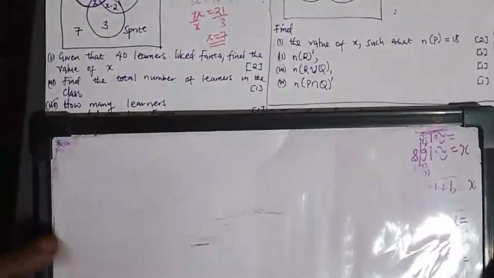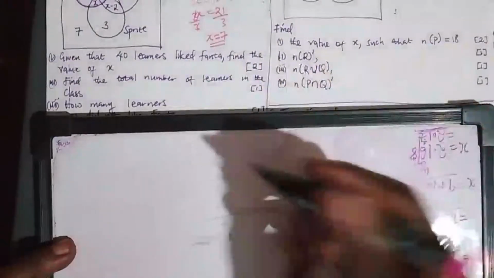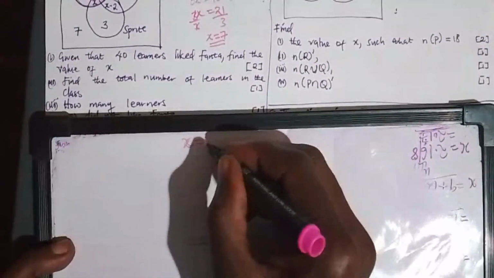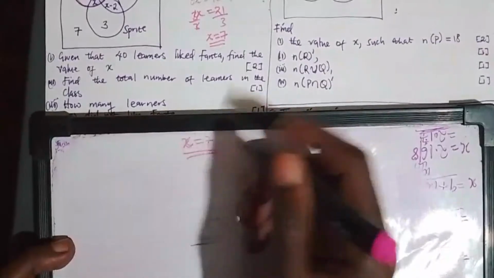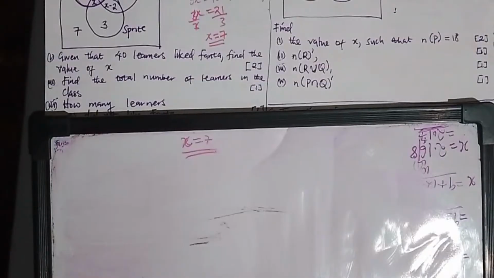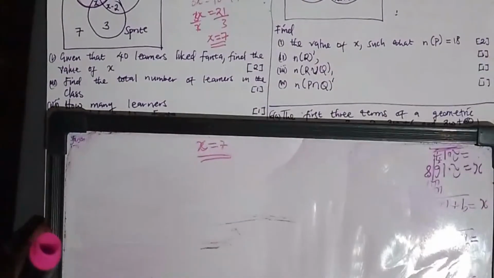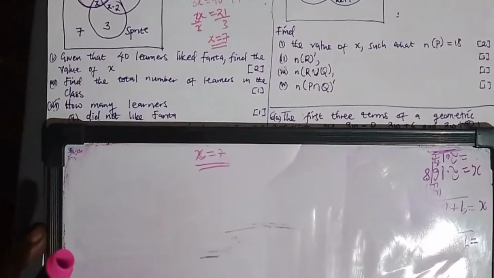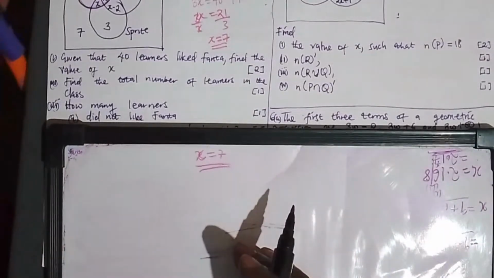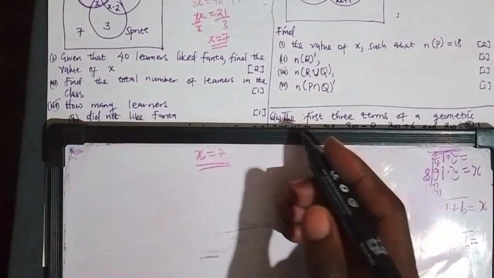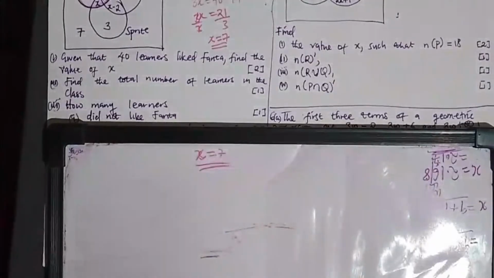Remember, I have found the value of x. So our x is equal to 7. So don't forget our x is equal to 7. Now they said the total number of learners in the class, so you are going to add everything. That's why it is 1 mark. Here it's supposed to just add.